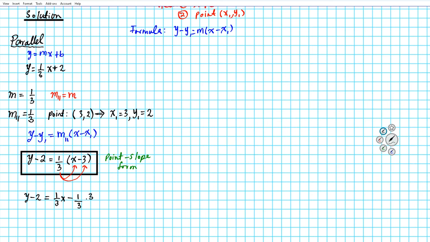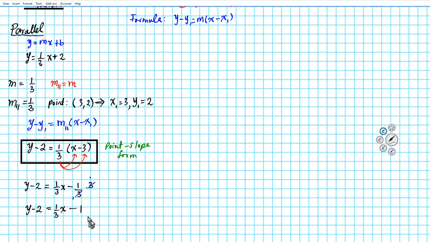Okay? And then we have y minus 2 equals 1/3 x minus, and then these 3's divide out, which gives us 1.